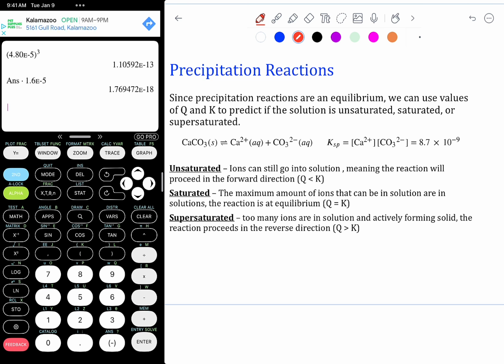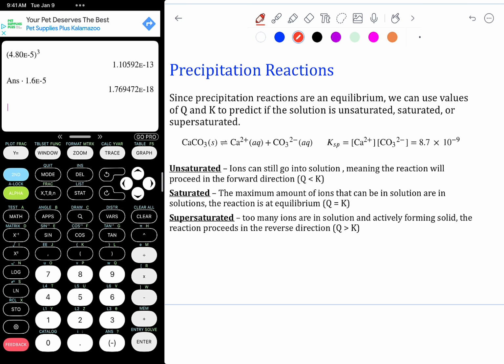So we're bringing back in our reaction quotient Q and relating it to our equilibrium constant K, just like we did in our previous chapters, where we saw that the relationship between Q and K can tell us if we are favoring our products or our reactants, or which way the reaction is going to go.